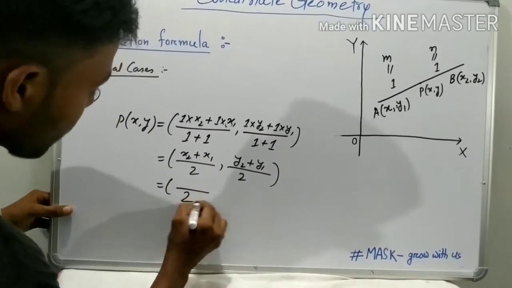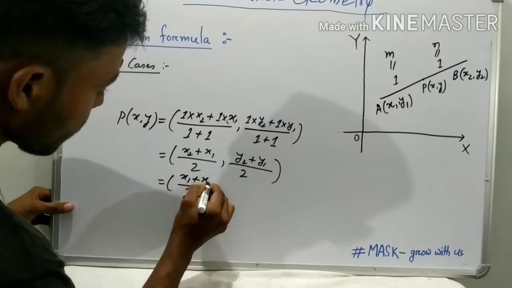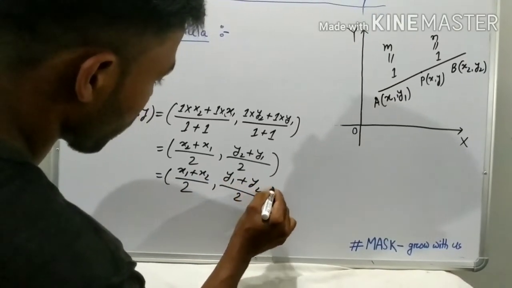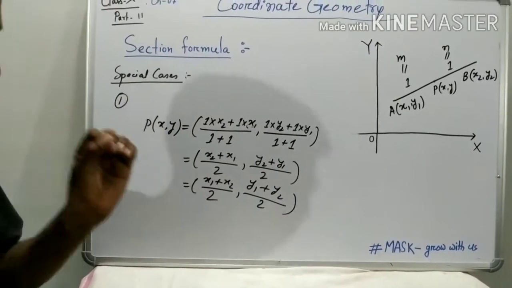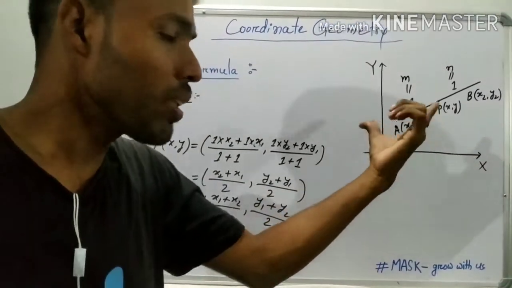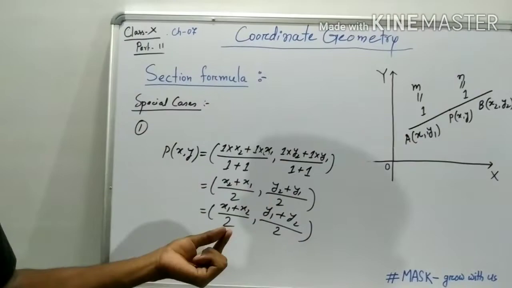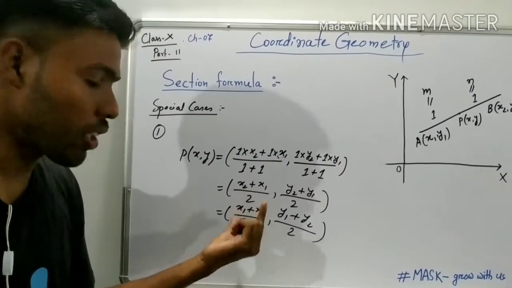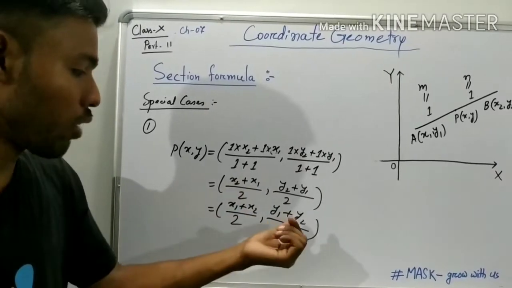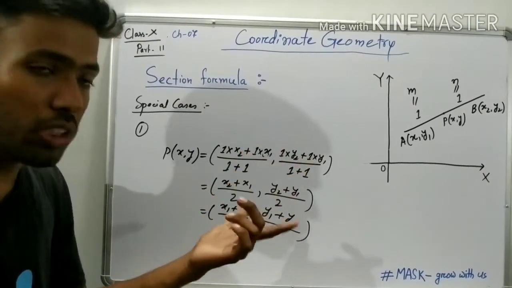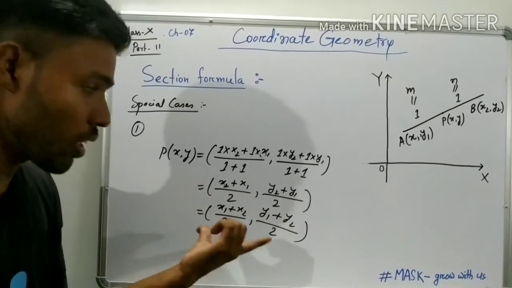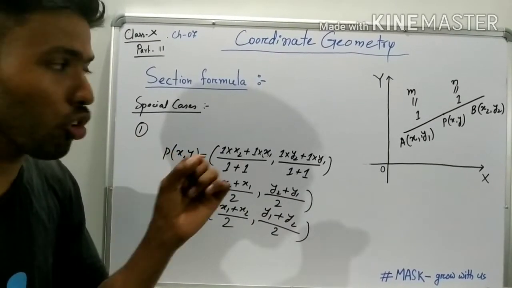Or we can write it like this: (x1 plus x2) by 2, (y1 plus y2) by 2. So if we have given that P is the midpoint of this line segment, then what will be the formula of this point P? This is simple. We will just add the x coordinates and divide by 2, and we will add the y coordinates of the two points, then divide by 2. This is the coordinate if P is the midpoint of the line segment AB.